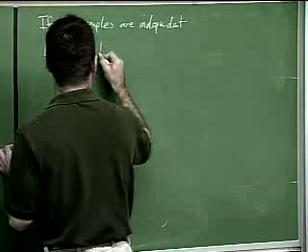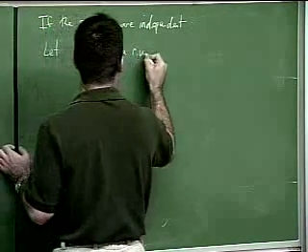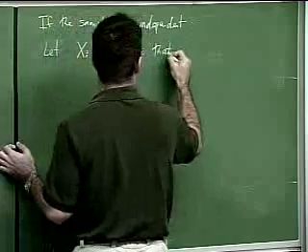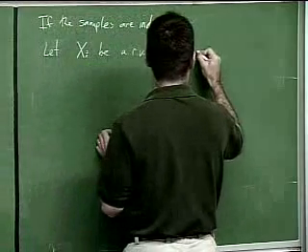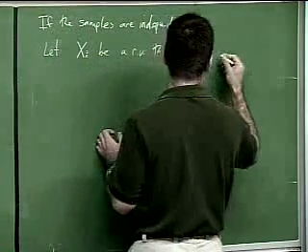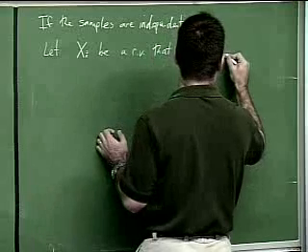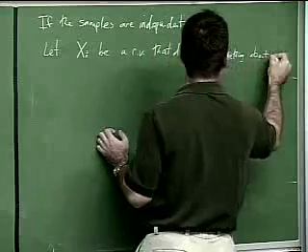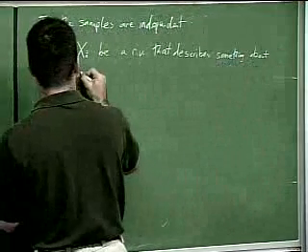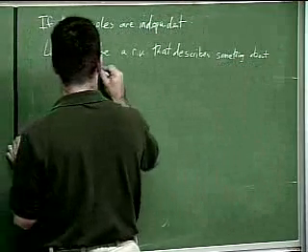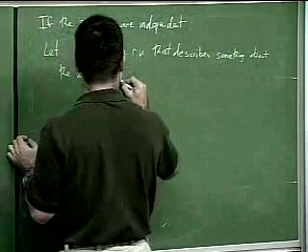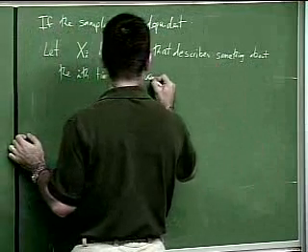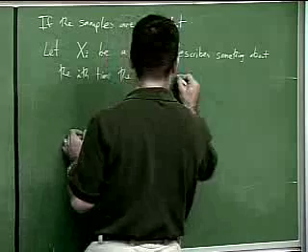x sub i be a random variable that describes something about the ith time the event is performed.